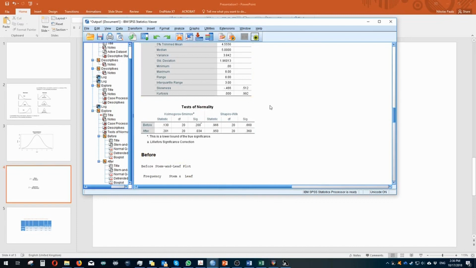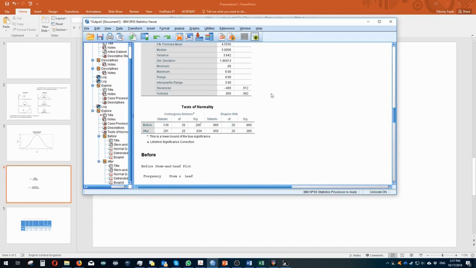We're looking primarily at the sig outcomes, our significance, our p-values, and if these values are less than 0.05, as it shows on the KS test here, this was 0.03, the hypothesis that this data is normally distributed must be rejected, i.e. the data is not normally distributed.